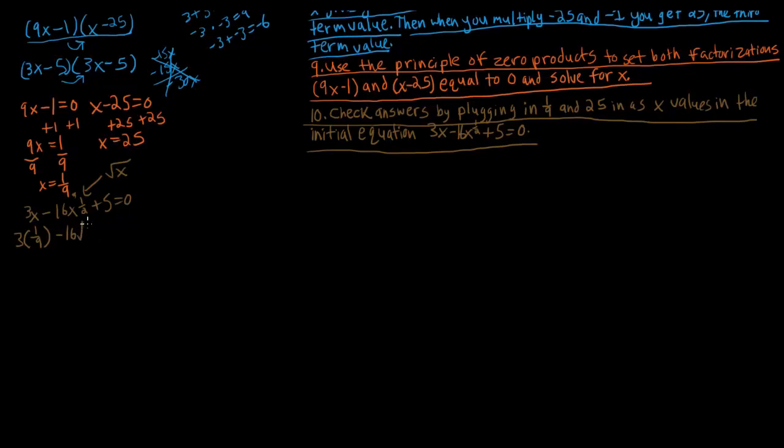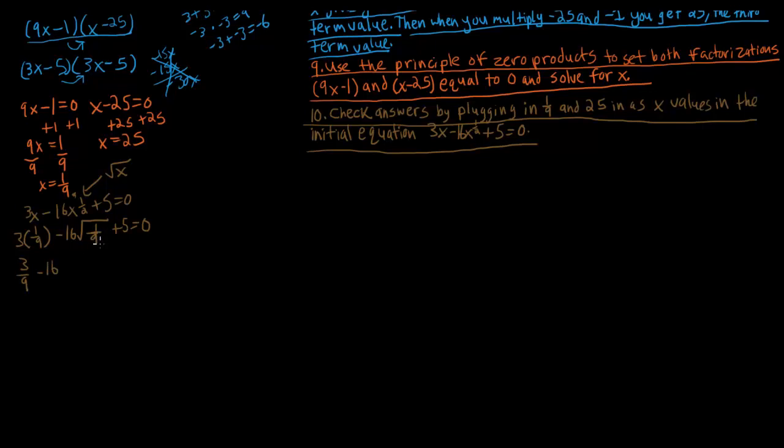So square root of 1 over 9, and then plus 5 equals 0. So 3 times 1/9 is just 3/9, and then minus 16.